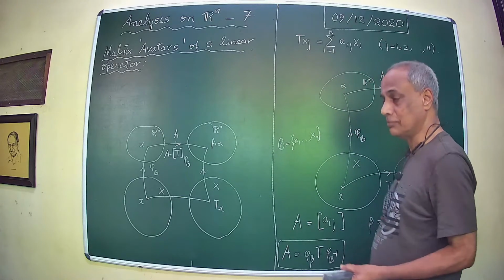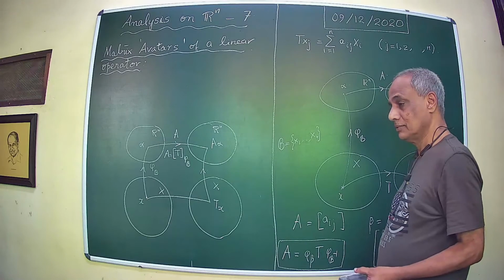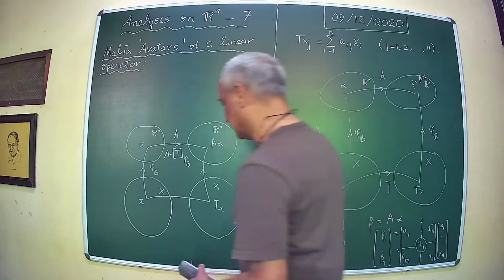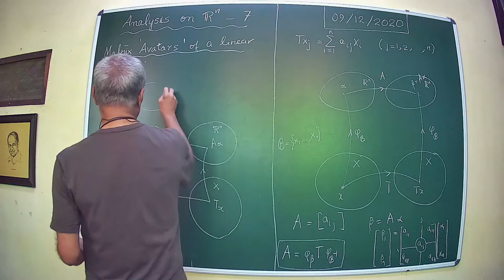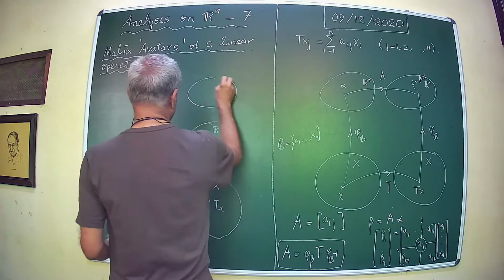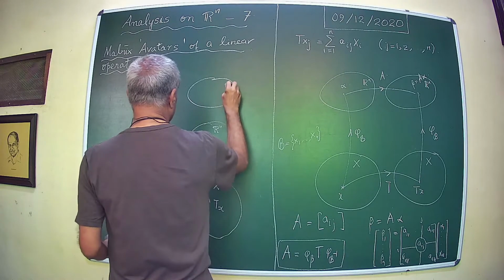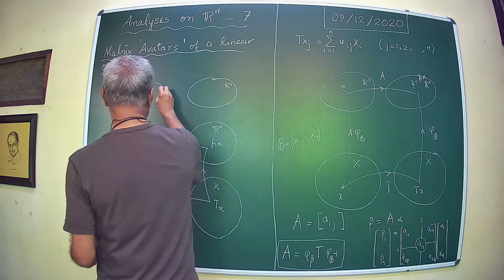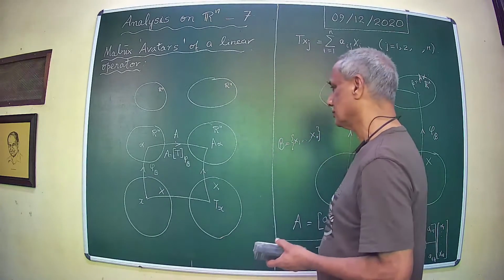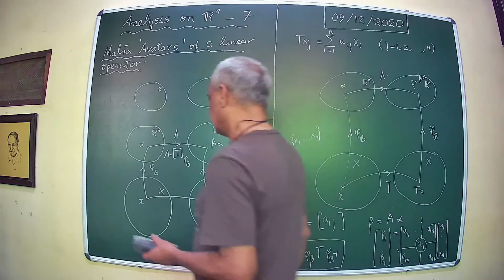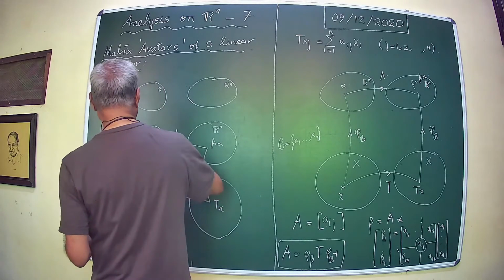What are the other possibilities? Suppose I choose another ordered basis. Okay. Then I get another copy of Rn.